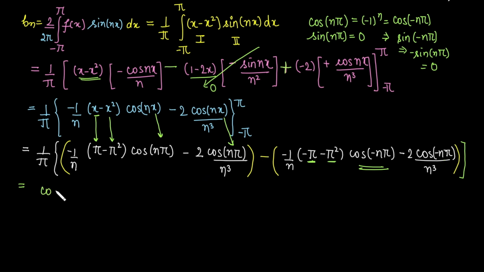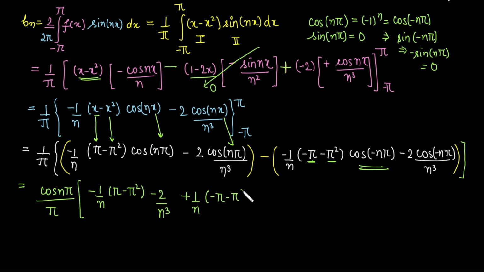So we have cos n pi divided by pi. Remaining terms are minus 1 by n into pi minus pi square, this is minus 2 upon n cube. Minus minus is plus 1 by n minus pi square, and here minus minus is plus 2 by n cube.